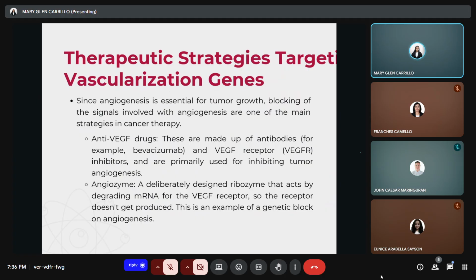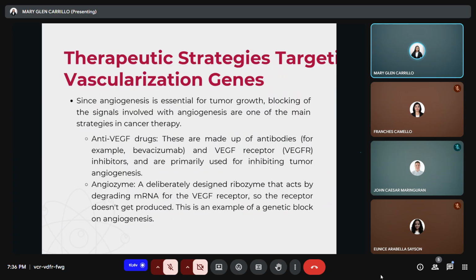Their job is to stop VEGF, which is the master signal, just like what I've said earlier, for blood vessel growth from working. So by blocking VEGF, these drugs prevent tumors from forming new blood vessels and slow down their growth.